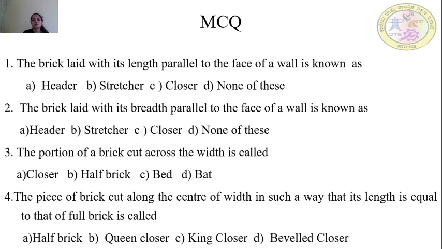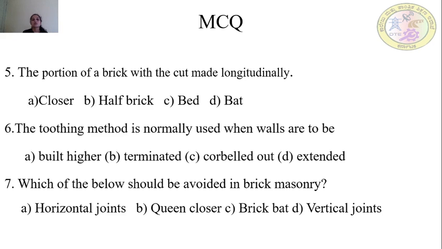The next MCQ question: the piece of brick cut along the center of width in such a way that its length is equal to that of a full brick is called queen closure. The portion of a brick with the cut made longitudinally is called closure.